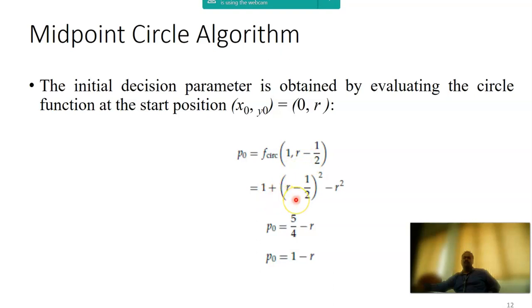So (1 square) plus (r minus 1 by 2) whole square minus r square. X is 1, y is r minus 1 by 2, and r is still r. So p0 is 5 by 4 minus r, which is nothing but 1 minus r. This is the initial decision parameter we have to take. Based on this, we decide either to stay back at yk or to decrement the y value.